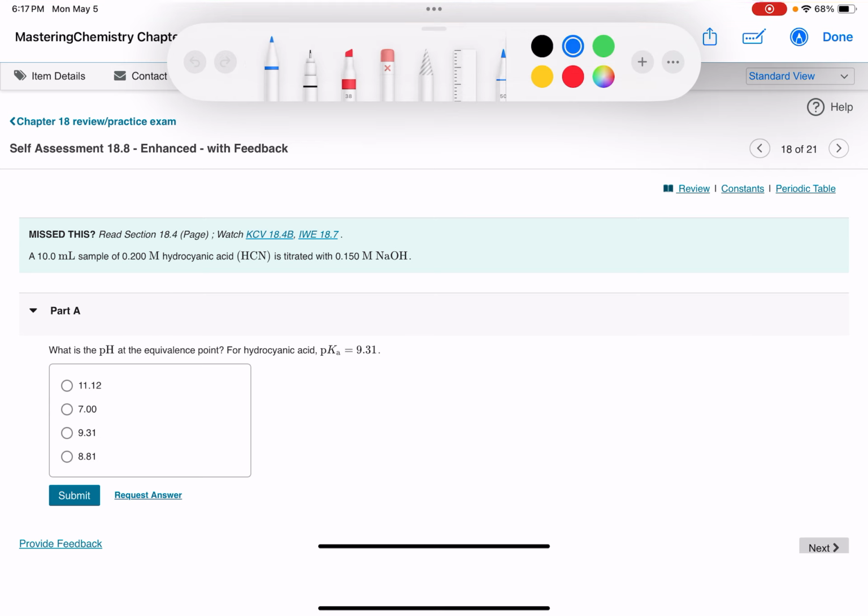The long way would be to remember that moles of the acid equal moles of the base at the equivalence point. And I think I'll go ahead and do it this way just because it will connect with what we've been doing in class the best.